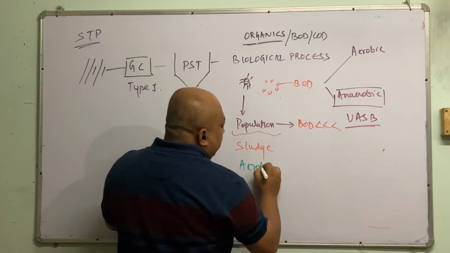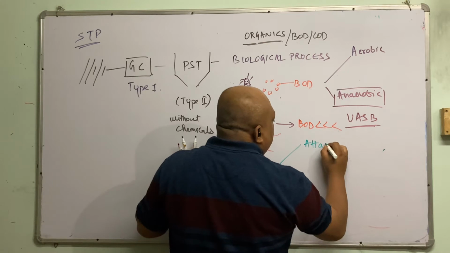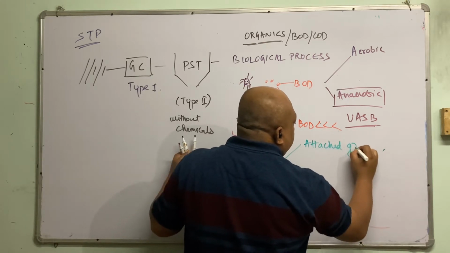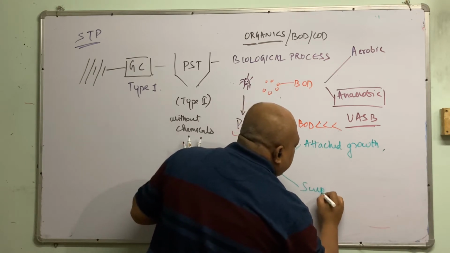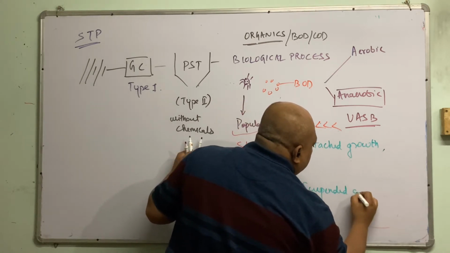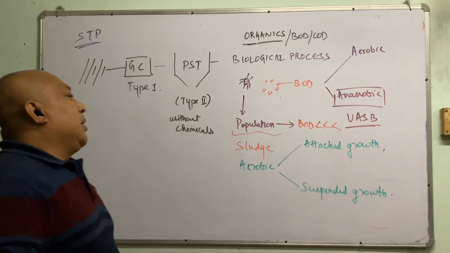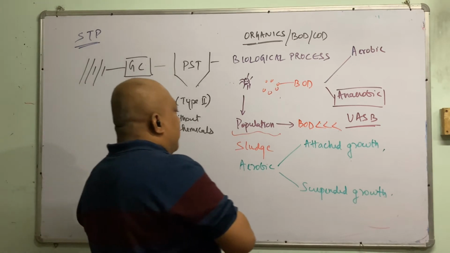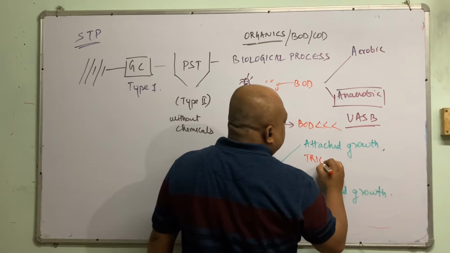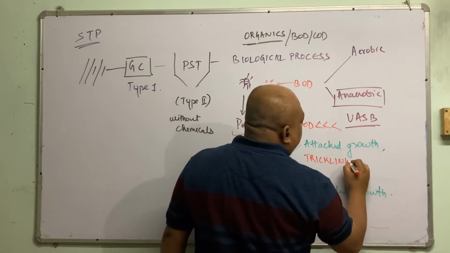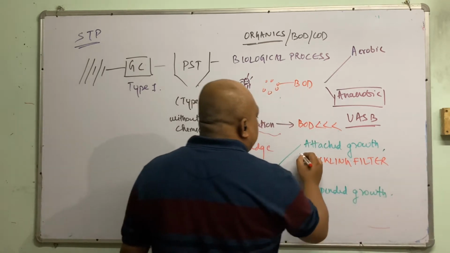So for the aerobic part, again, I'm just reminding, one is the attached growth, and one is the suspended growth microbes. In attached growth, already you have come across the word called trickling filter. I think I already taught you trickling filter in the environmental course, but anyway I will be teaching the design again.